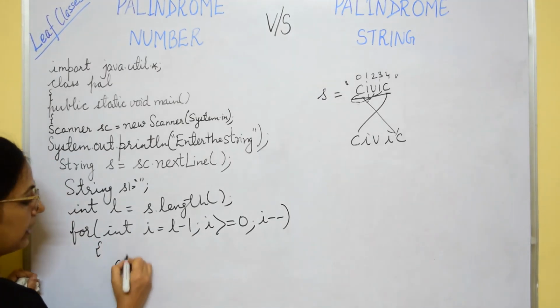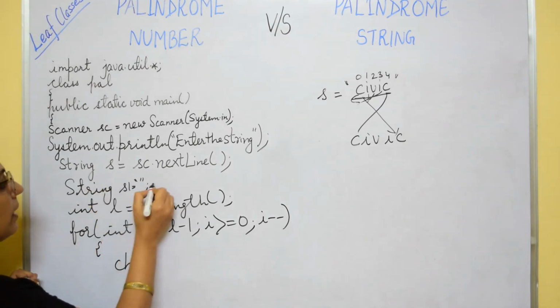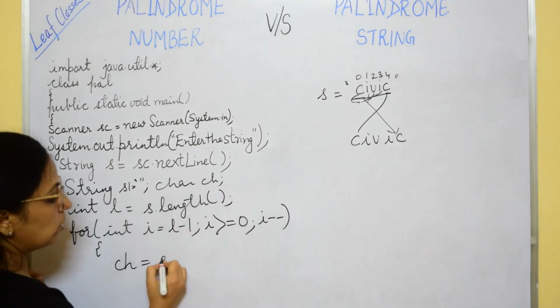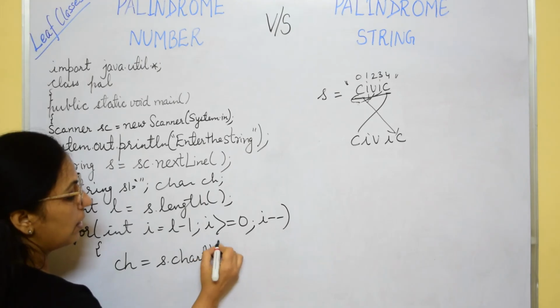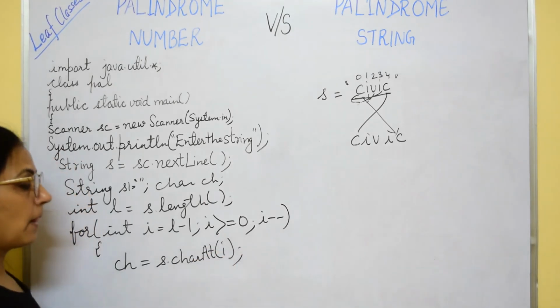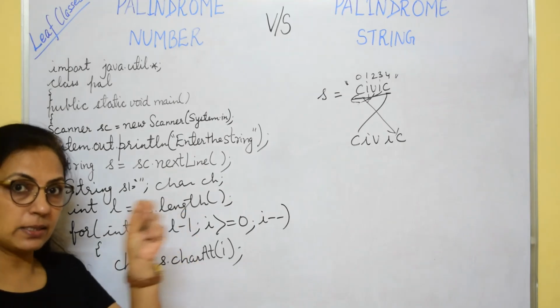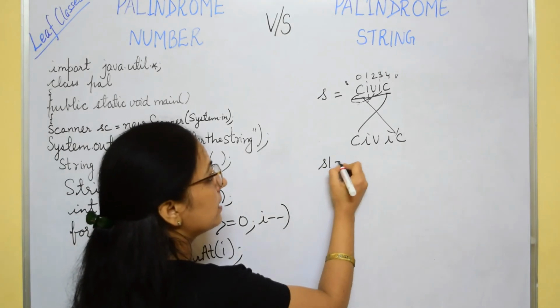Now here we can extract the character in one ch variable. Here I can take char ch. Ch equals S dot charAt(I). You are extracting the rightmost character for the first time. You are extracting the character, and how do you have to place this?